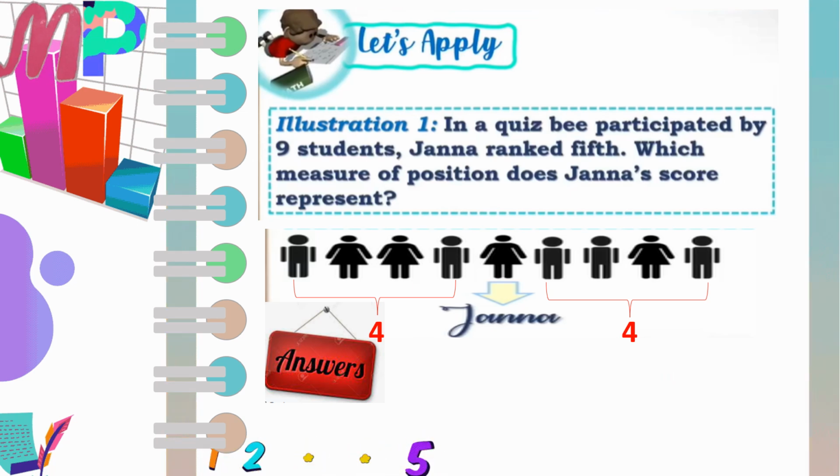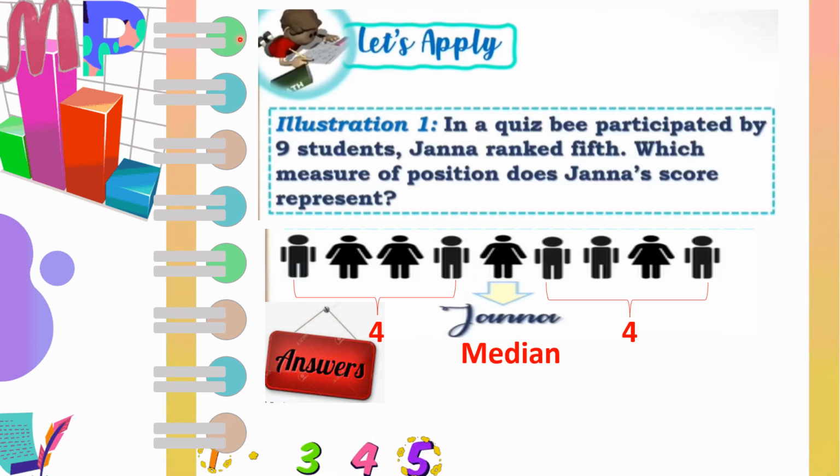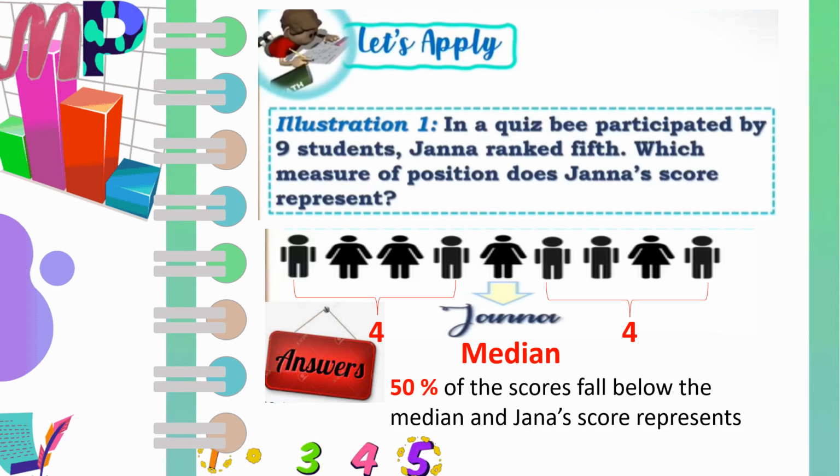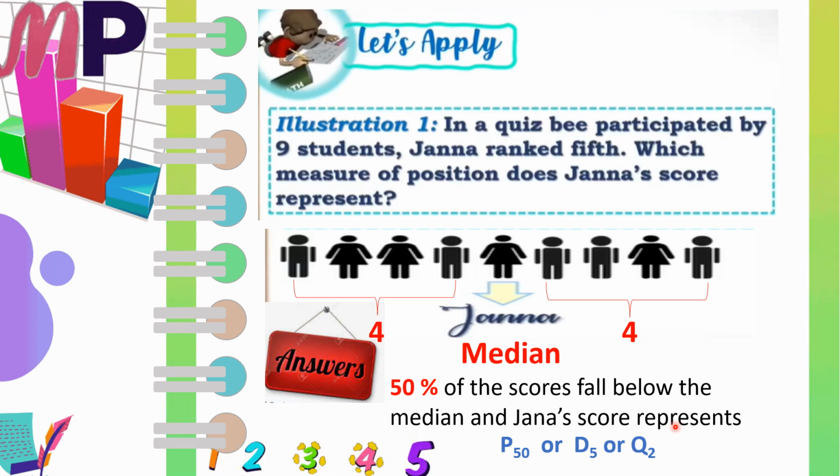Hence, Jana's score is the middle score, or what we call the median. 50% of the scores fall below the median, and Jana's score represents P sub 50 or D sub 5 or Q sub 2.